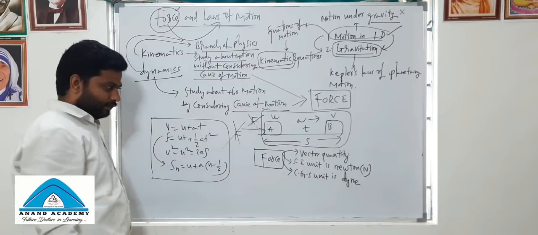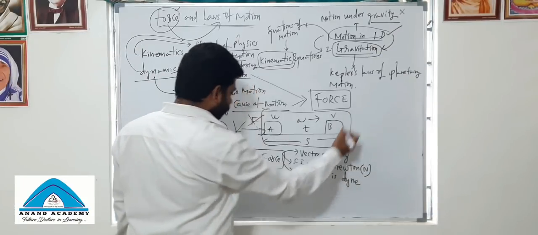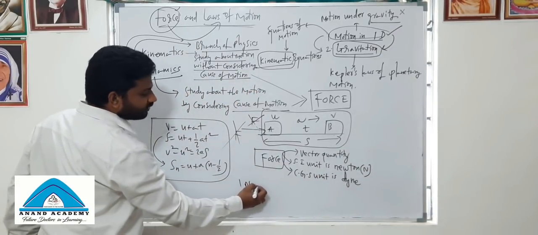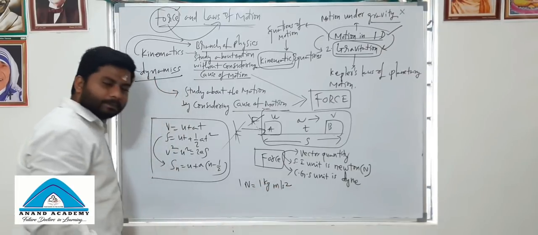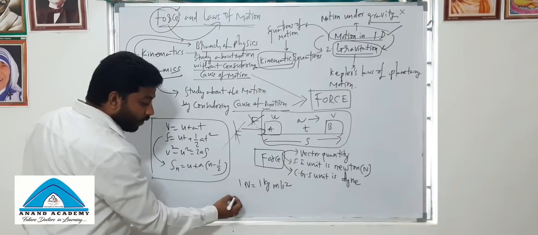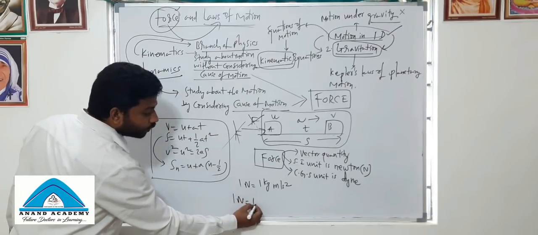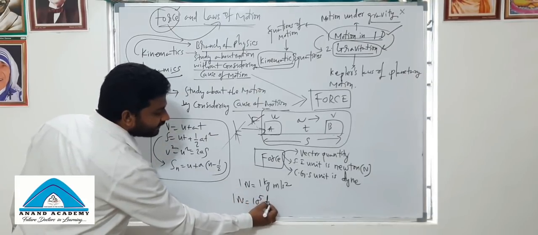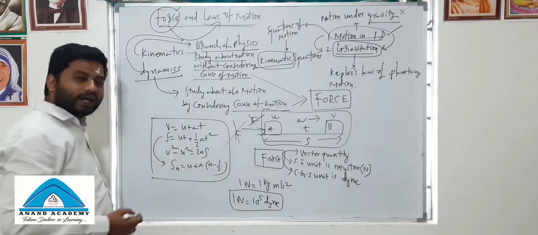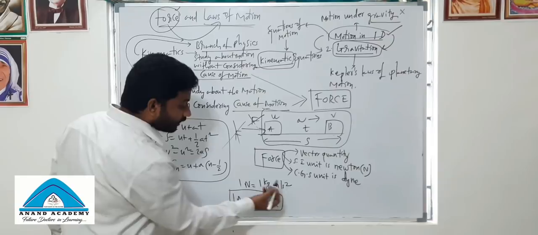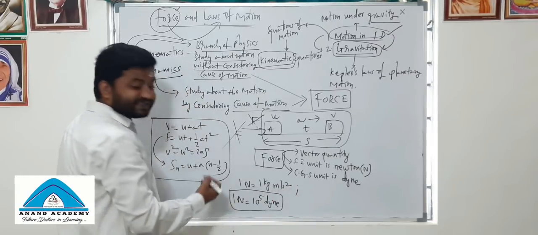Okay. Now, 1 Newton is equal to, I am writing here, 1 Newton is equal to 1 kg meter per second square, and 1 Newton is equal to 10 raised to 5 dyne. Remember, 10 raised to 5 dyne. This is SI unit.